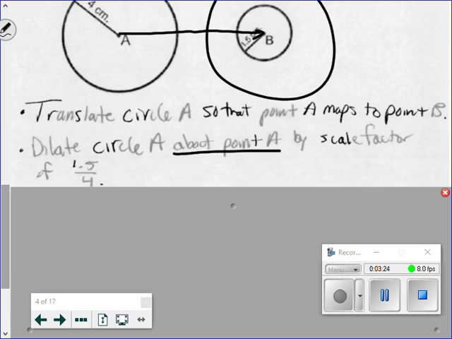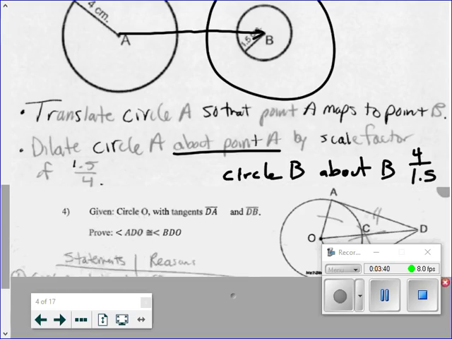It's centered at point A. If you did the other one, you would have flipped it. So circle B about point B, you would have done a scale factor of 4 over 1.5. Definitely something that's going to show up on our test.